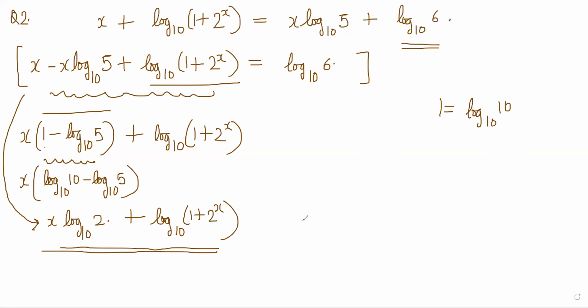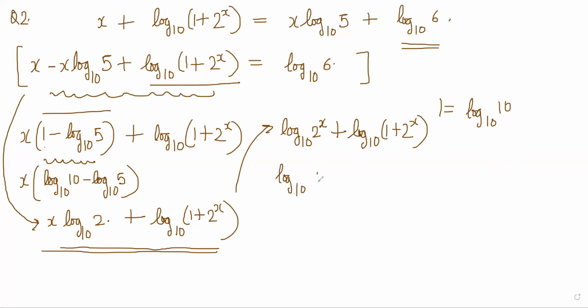Yes, we can, because this part we can write as log 10 2 power x, plus this part we can write as log 10 1 plus 2 power x. So instead of writing 2 terms, we can write 1. We can say log 10 2 power x multiplied by 1 plus 2 power x, right? So the LHS has now become one single term.